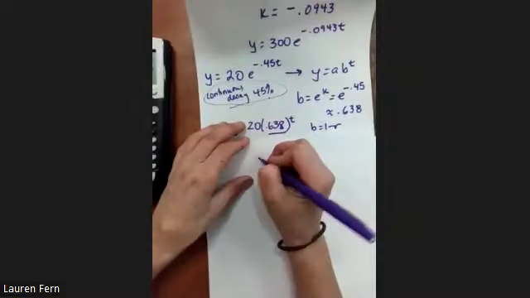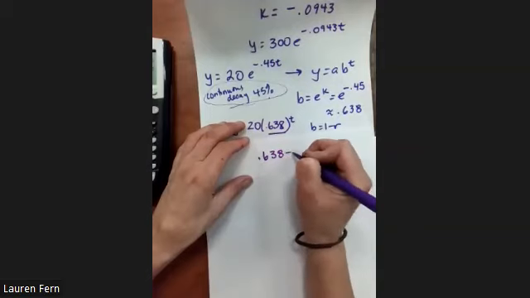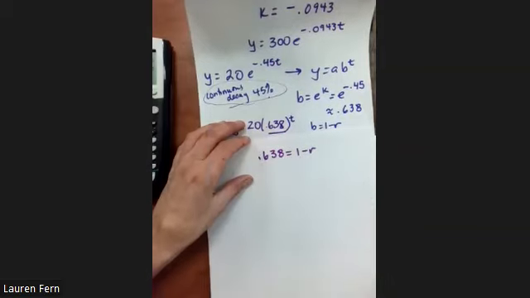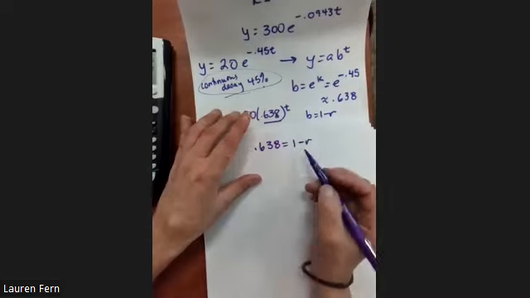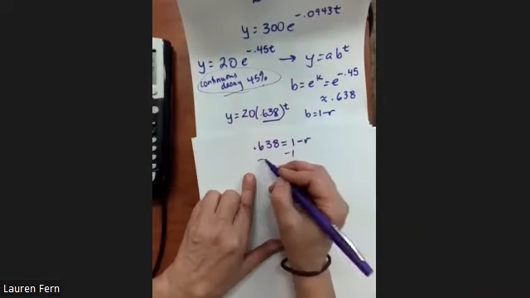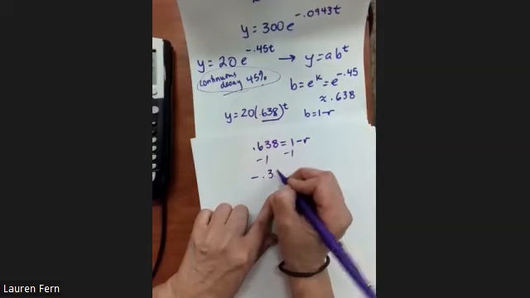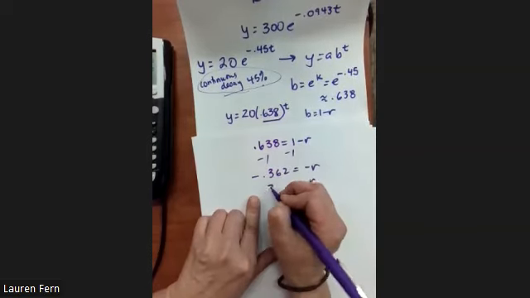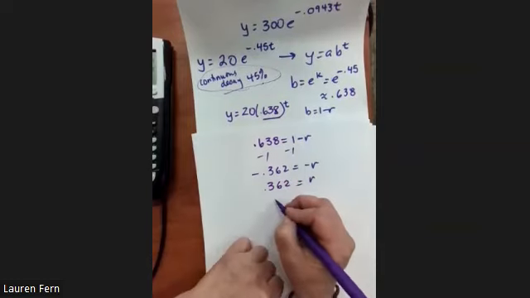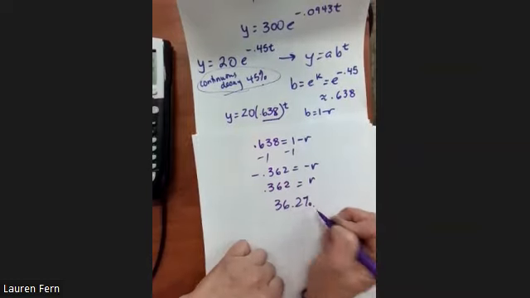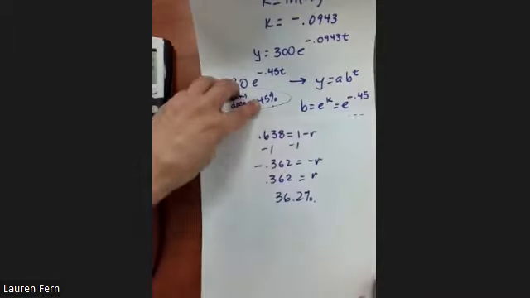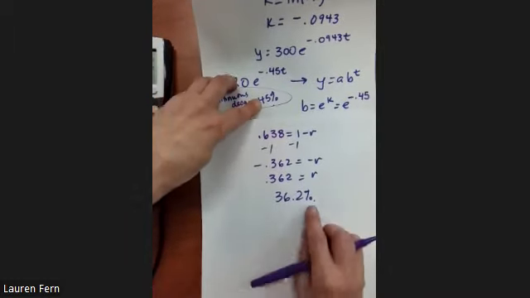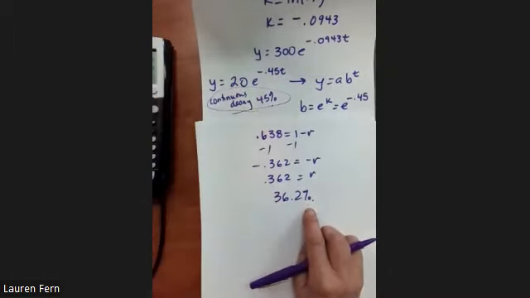We have our b to be 0.638, and what we're looking for is what our decay rate is. Well, remember, to solve for r, you'd subtract 1, and then you want it to be positive. So what we see here is that a continuous decay rate of 45% is equivalent to an annual decay rate here of 36.2%.